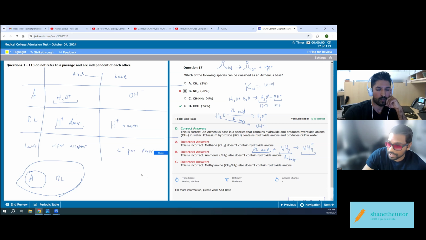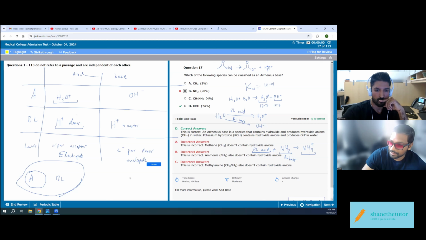And this is going to be more relevant in organic chemistry, because the electron pair acceptor, aka the Lewis acid, is the electrophile, right? And the electron pair donor is the nucleophile.